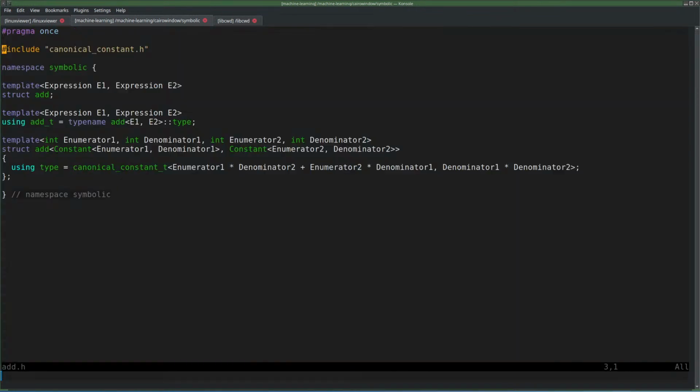The last one, new files, add for declaration abbreviation and adding, also only constants.